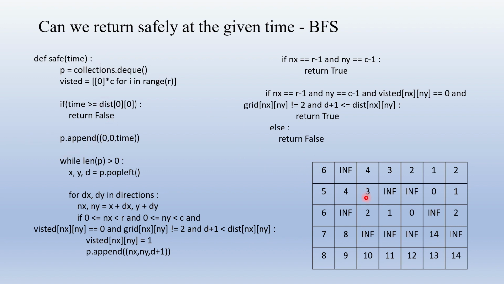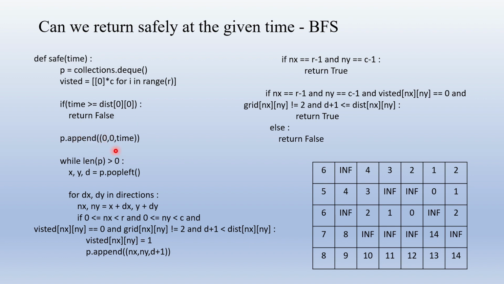If the time is 0, let's take time equal to 0. 0 is less than or equal to 6, which is the time taken for the fire to reach the first cell.